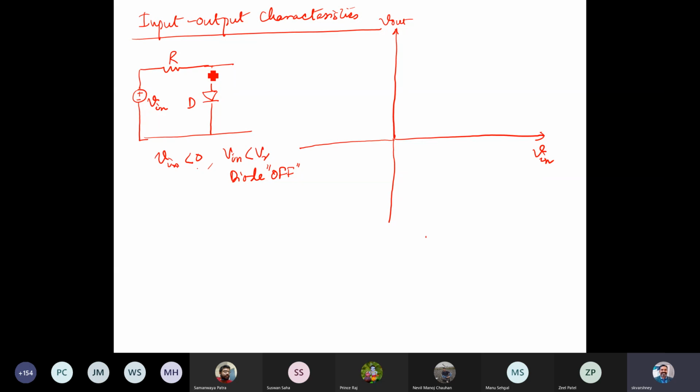So when I put a probe here, the voltage V out would be simply whatever V in is. So if the voltage is less than V gamma, the diode is off, so the output voltage V out is simply V in, right?